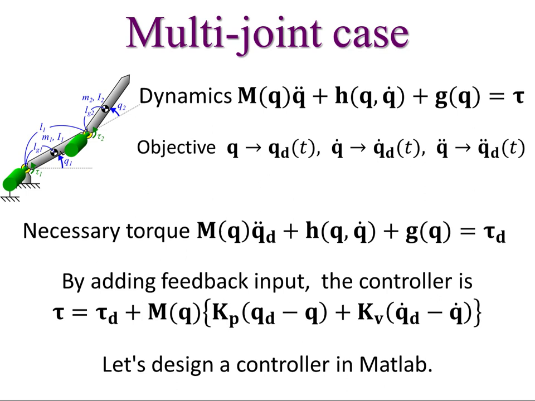Now, let's create a simulation on MATLAB to get a clear understanding of the computed torque method for multi-joint robots. To create this simulation, let's reuse the simulation of passivity-based control for a multi-joint robot.